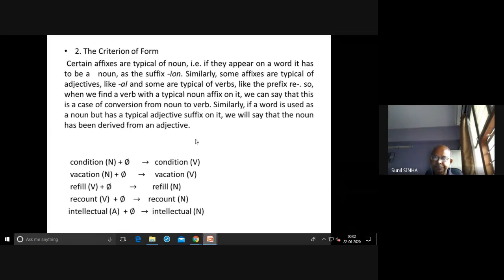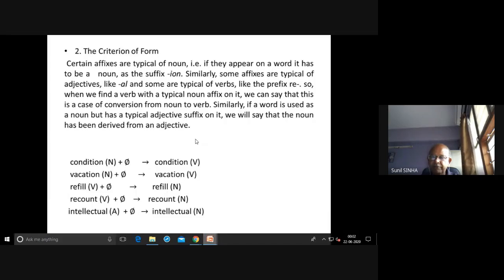What is the proof? Similarly, vocation. The direction of change is from vocation as a noun to vocation as a verb. The direction is not reverse. That is, we do not derive condition as a noun from condition as a verb.